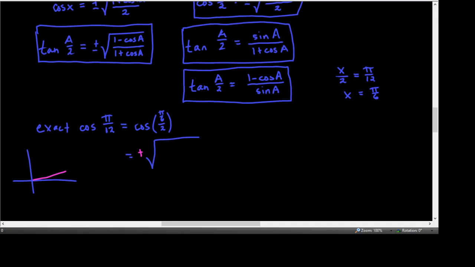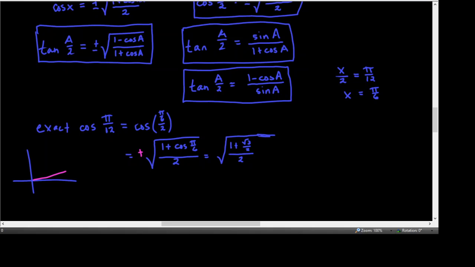All right, so this is supposed to be 1 plus the cosine of the angle that you've divided by 2, namely pi over 6, divided by 2, which is the square root of the cosine of pi over 6, which is square root of 3 over 2, divided by 2. And I notice that under that radical I have a complex fraction.